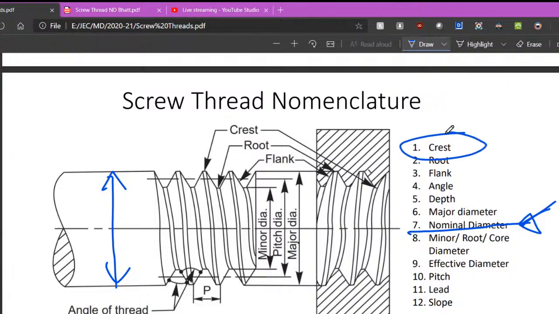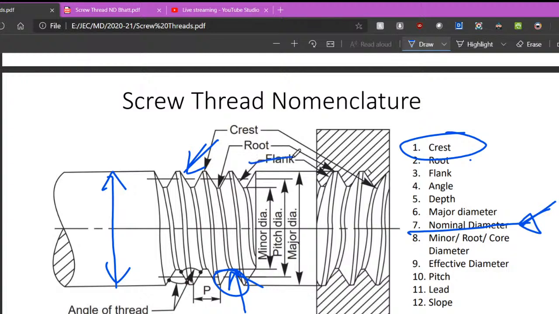Crest is the top of the thread. Root is when your thread touches the bar, there that you call it root.